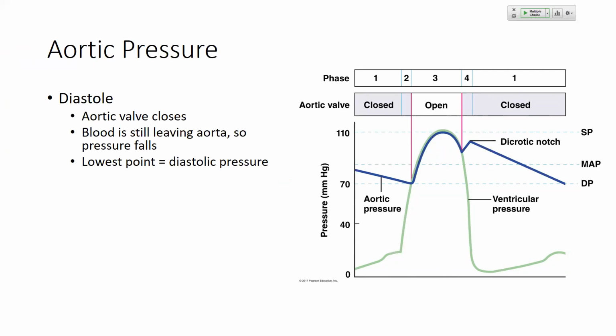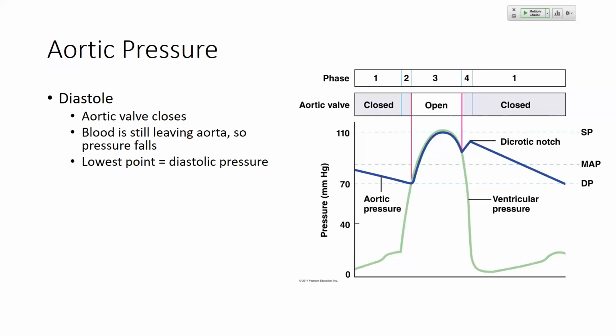It'll drop, right? So the pressure will drop as blood moves out into those vessels. And so it's going to get to the lowest point, and at that point, this is recorded or measured as the diastolic pressure, right? Sometimes called the end diastolic pressure. So the diastolic pressure is the lowest pressure found in the aorta during diastole as blood leaves the aorta and moves out into the systemic vessel.